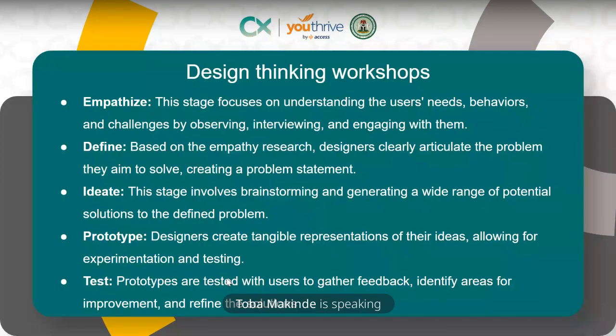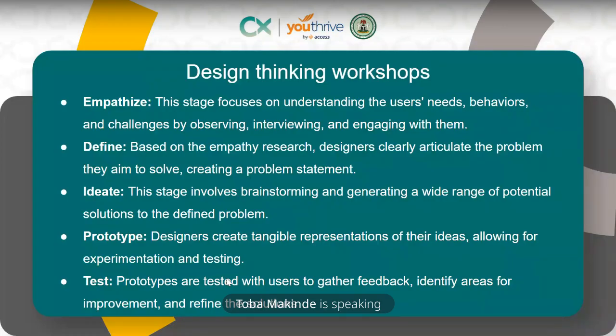All right. So then we have define. Based on empathy research, designers clearly articulate the problem they aim to solve, create problem statements. All right. So now this design thinking is mostly in the design phase, right?